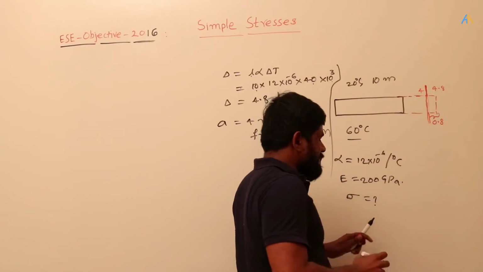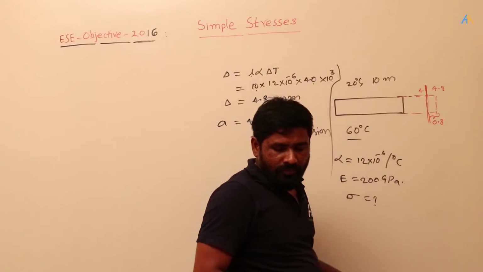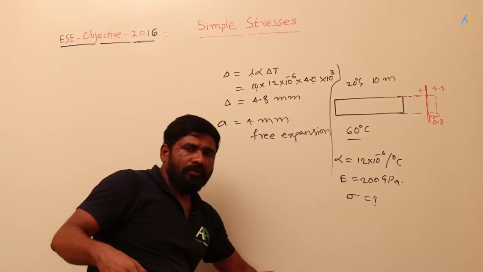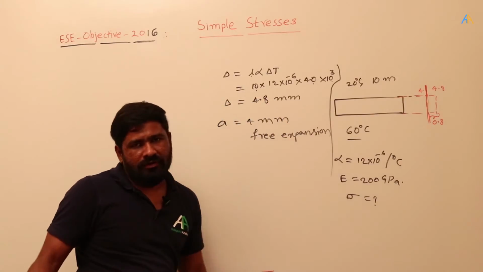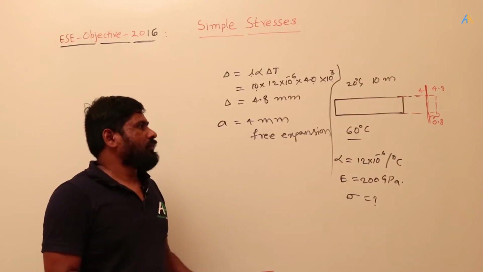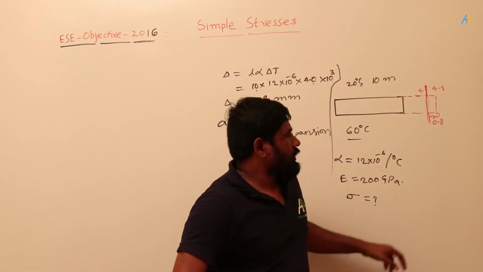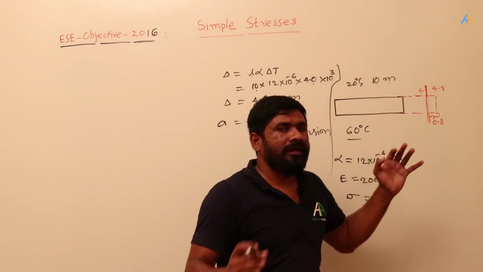So whenever there is a restriction, automatically the internal opposition will start. Then it will produce the stress. The internal opposition starts only after 4, because I kept the restriction.